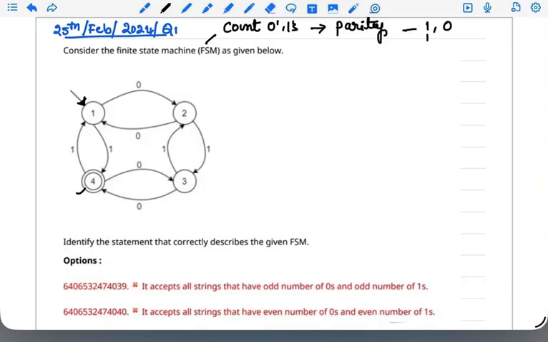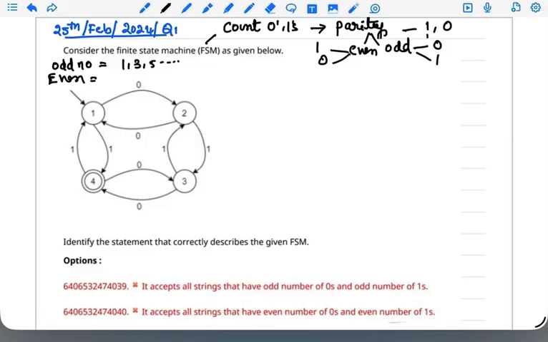In this given FSM state diagram there are 4 states. This is the first state, the start state 1. At the start state we haven't processed any inputs, so there is no work done at this state. It doesn't count any zeros and ones. Odd numbers start from 1, 3, 5 and so on, and even numbers start from 0, 2, 4, 6 and so on.